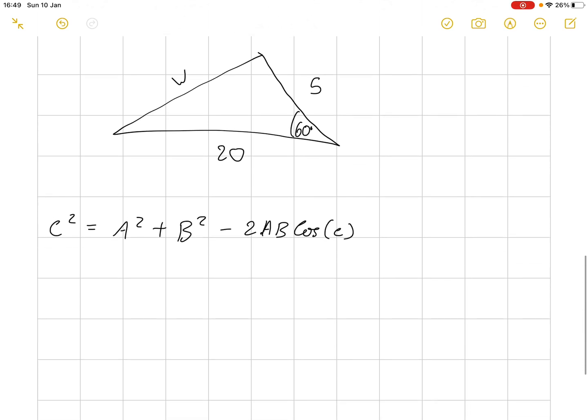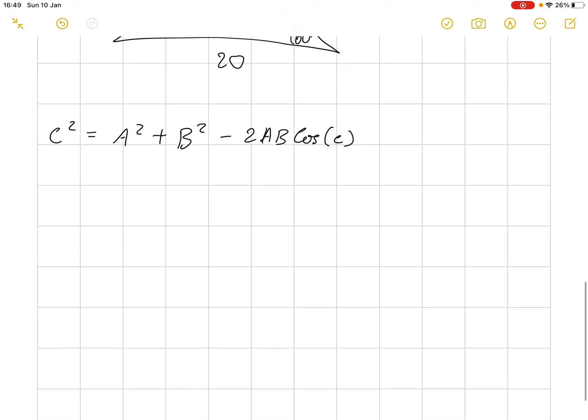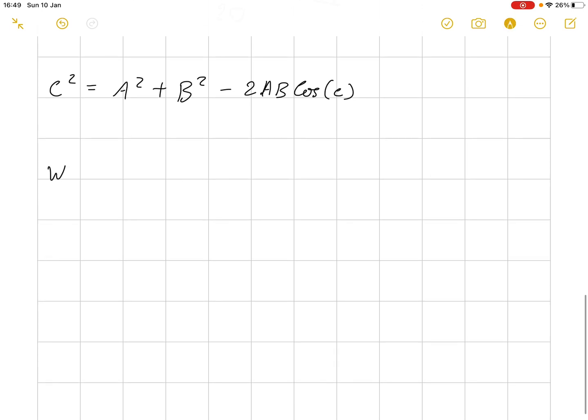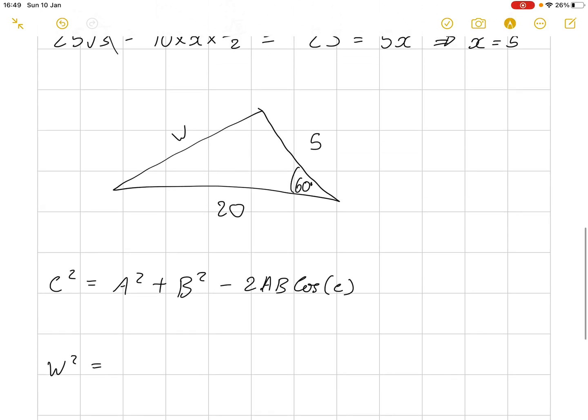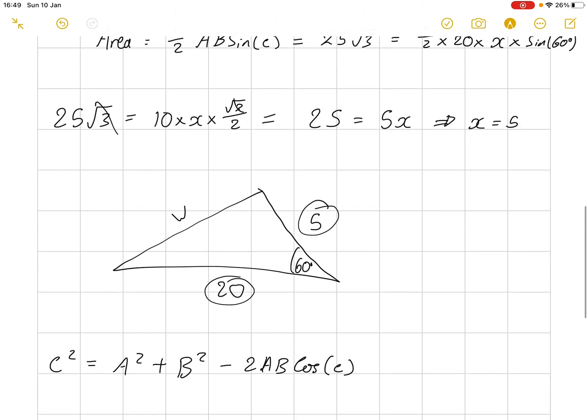So in this case, c is w. So we have w squared is equal to 20 squared plus 5 squared minus 2 times 20 times 5 times cos of 60, which is 1/2.